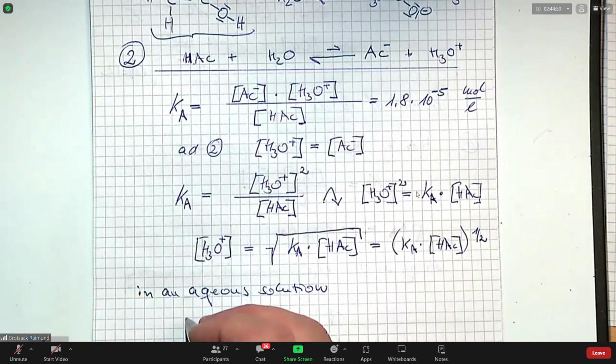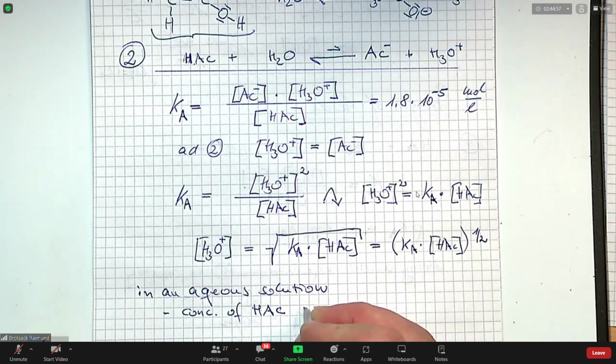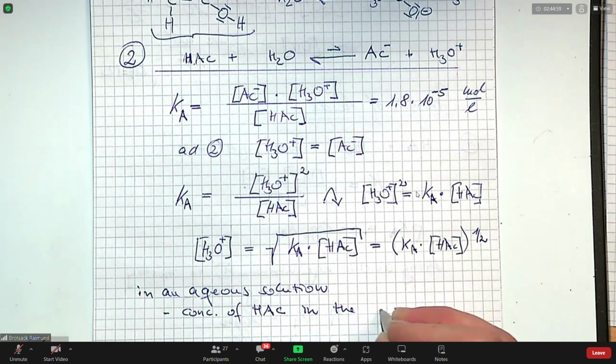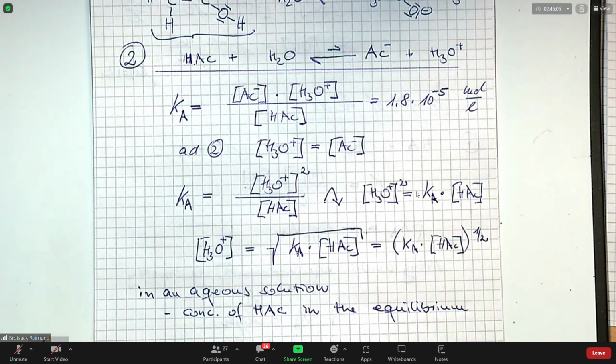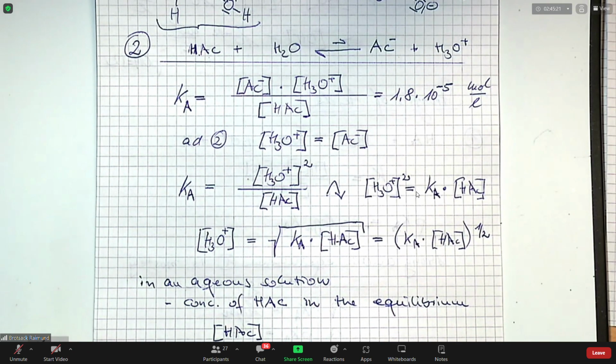So we look to the concentration of HAc in the equilibrium. That is what we need here.